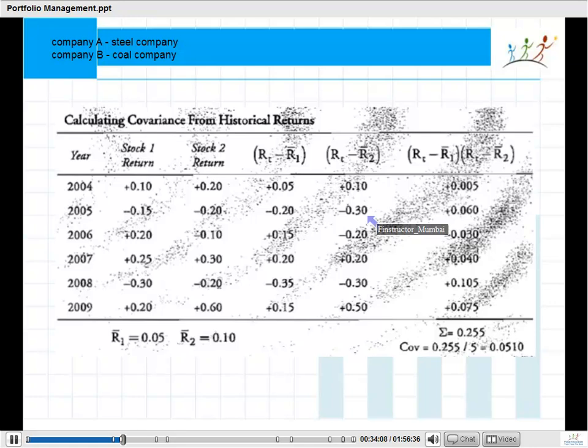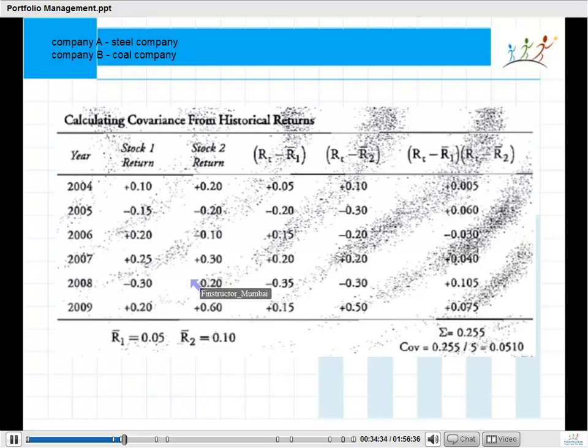So let's look at two stocks and try to compute the covariance between them. When stock A gave a return of 10%, stock B gave a return of 20%. When stock A gave a return of minus 15%, stock B gave a return of minus 20%. When stock A gave a return of plus 20%, stock B gave a return of minus 10%.